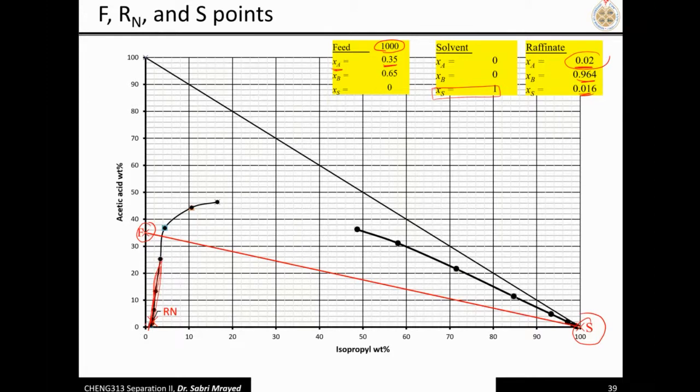So I go to 0.02, so this is 0.01, and this is my 0.02, for example. So I come here, and this is my line here. Okay, this is my point, in fact. Now I have this point Rn, S, feed, S, and Rn.